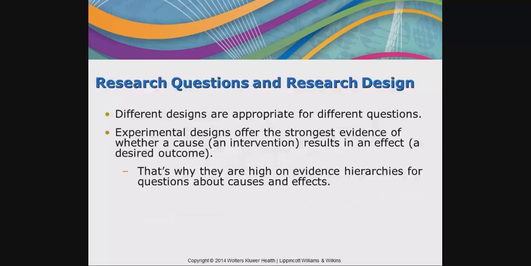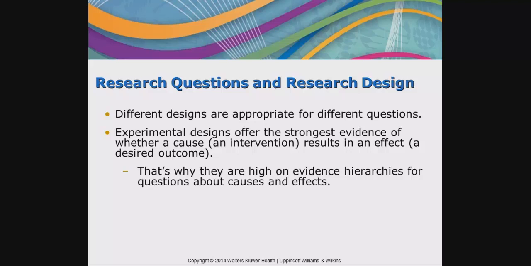See? Isn't that cool? So, research designs will vary in their ability to support the criteria to make causal inference or implications. So, our experimental designs really offer the strongest evidence of whether a cause, an intervention, results in a certain effect.